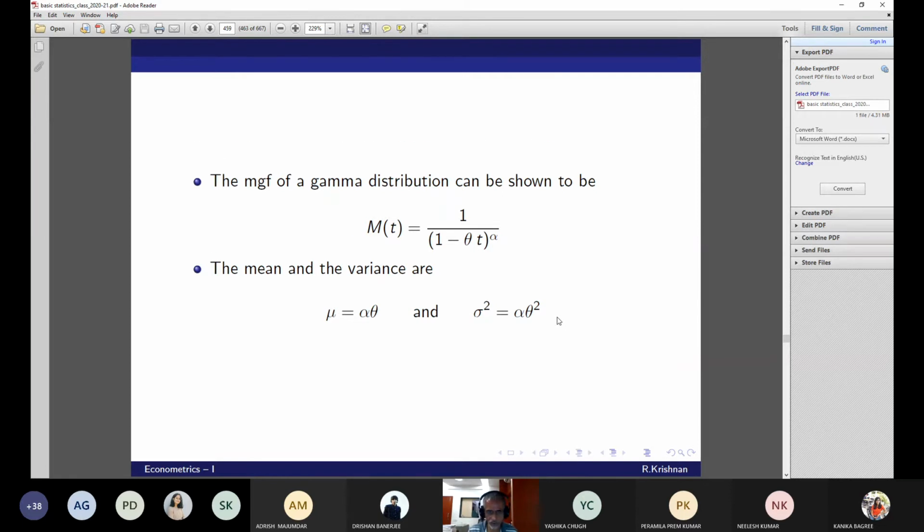Can somebody show this? M(t) equals 1 by (1 minus theta t) to the alpha. You try, I'll show the proof immediately.